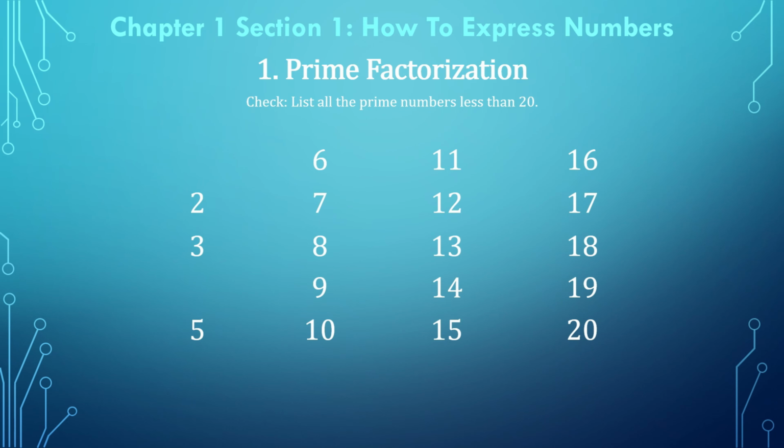So, 4 is not. 6 is not. 8 is not. It goes the same way, and so on. All the other numbers are the prime numbers. Now you have all the prime numbers less than 20.